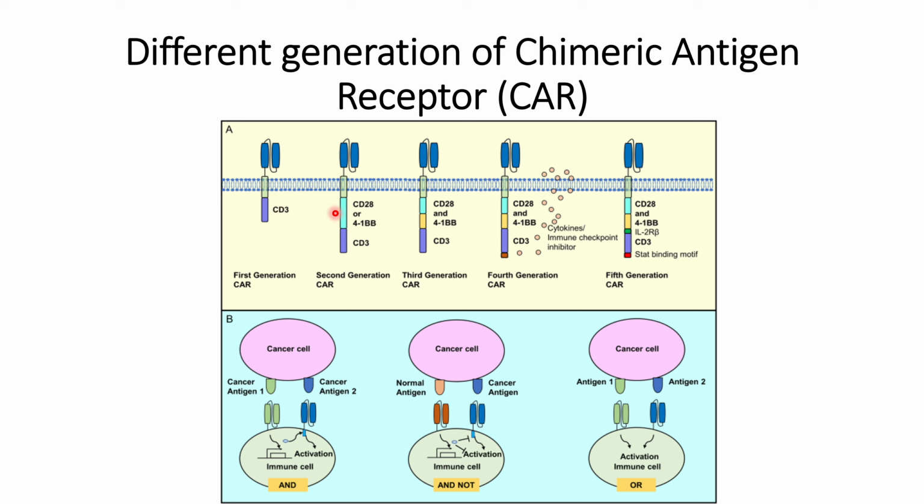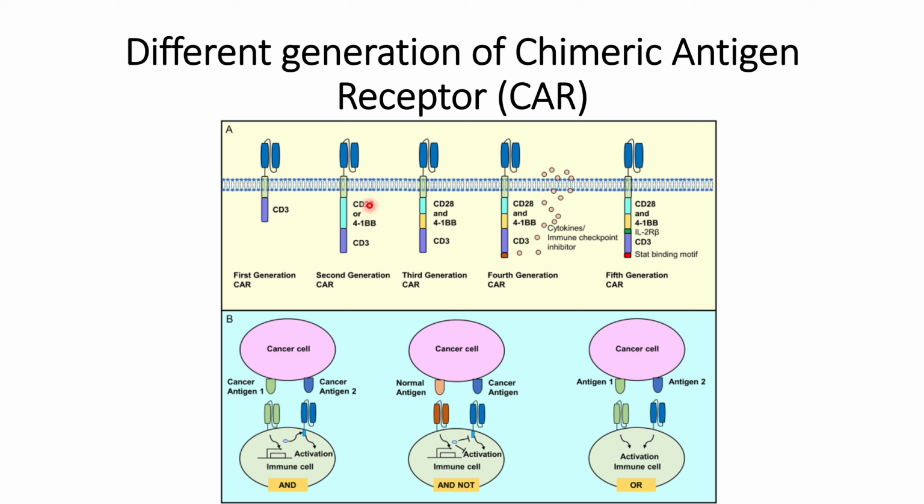And in the second generation CAR, they have used co-stimulatory domains, either CD28 or 41BB. In that case, the T cells not only get activated, but it will also cause the activation of the co-stimulatory pathways that will cause the release of the cytokines.